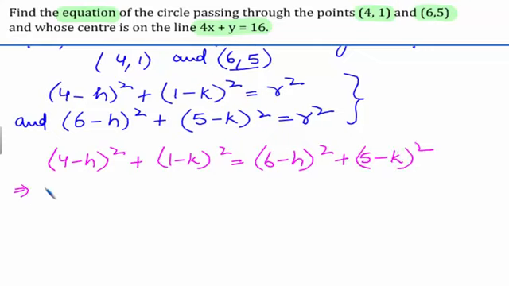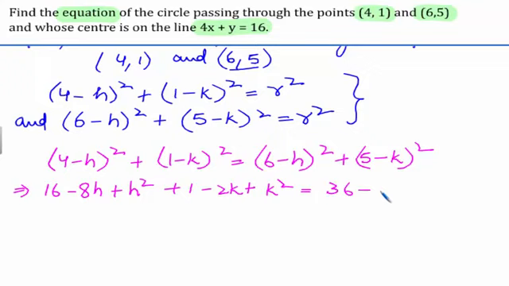So this implies 16 minus 8h plus h square plus 1 minus 2k plus k square is equal to 36 minus 12h plus h square plus 25 minus 10k plus k square.